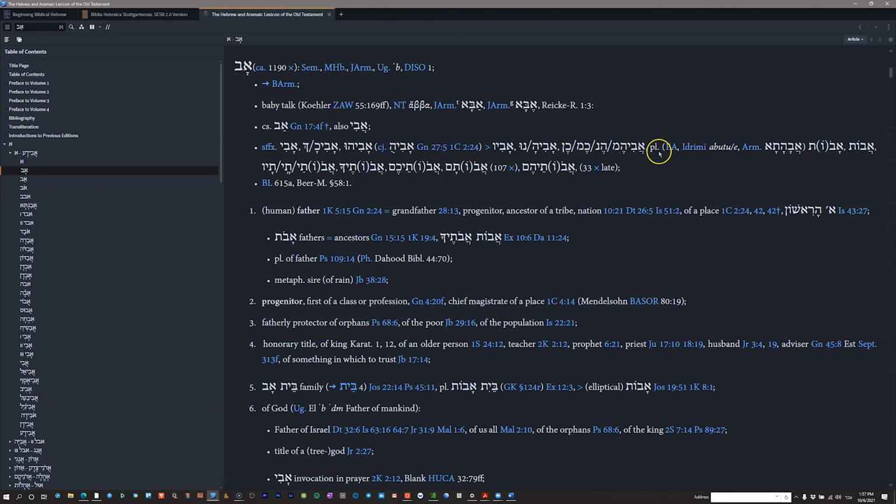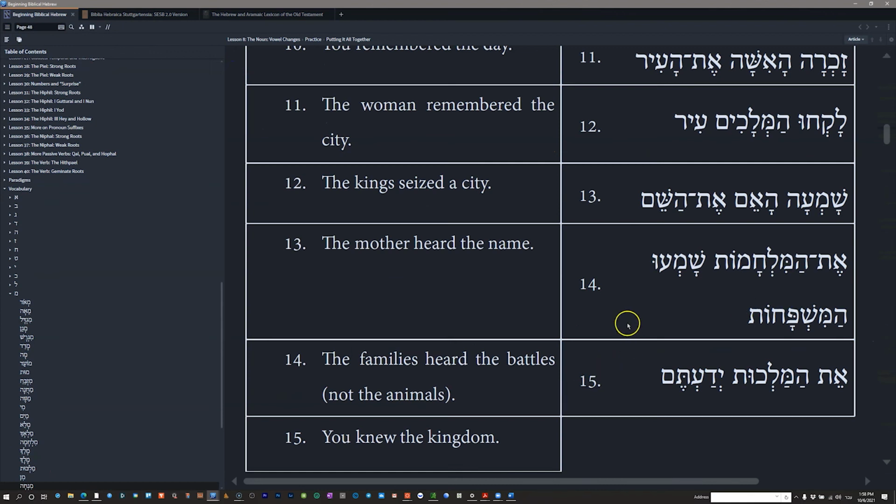There we go. Okay, so I'm looking for this, plural. All right, and that's where I get avot. Now this is just saying that sometimes in avot you'll have that holem, sometimes you won't, sometimes it'll just be a holem, sometimes it'll be a holem vav. But anyways, it can confirm for me that this is the plural form of av. I have found av now, and I look up and it means father. So now I can go back to my translation and put in the meaning father, but it's plural, so I want to say fathers. So yes, this did work for mishpachot because it's not irregular.